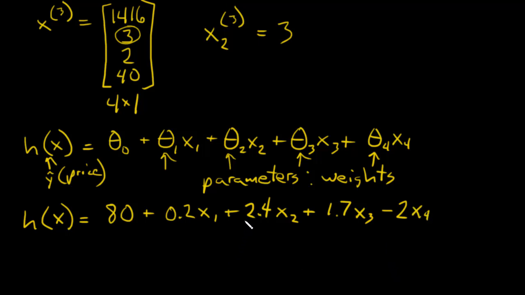Okay, now what does all this mean? Well, first off, let's talk about 80. 80 is the bare basic y-intercept. When all of these values are 0, the very base level value for a house is 80.